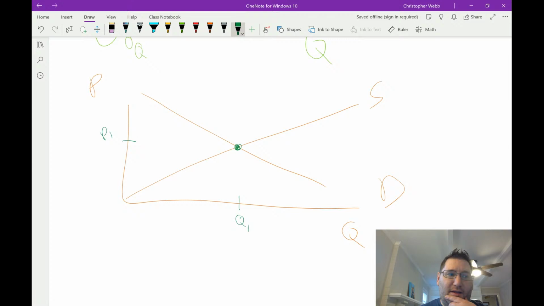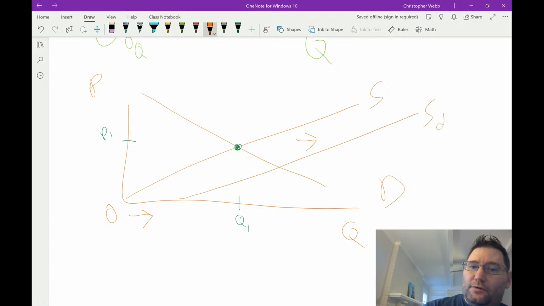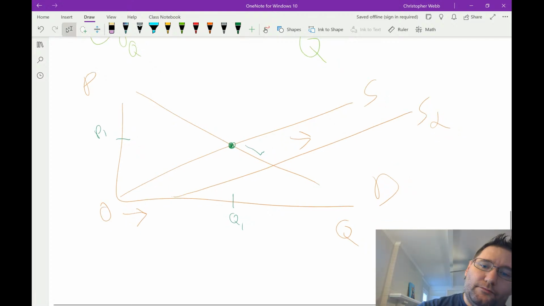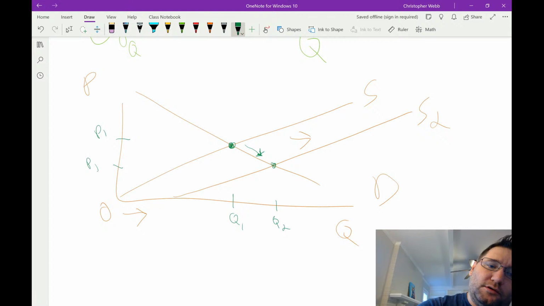And what we see is that if the supply curve shifts outward from zero to S2, because we have an increase in supply, it puts downward pressure on the price, to this new quantity 2, at a lower price 2.